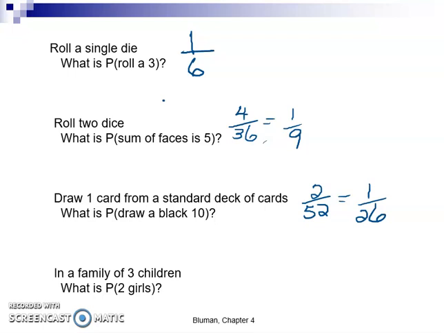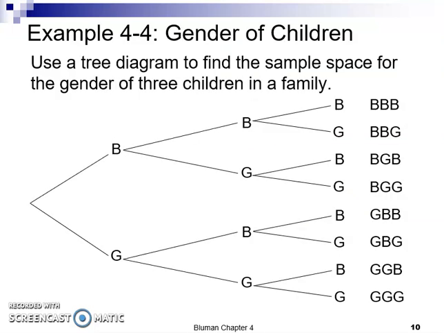And in a family of 3 children, what's the probability of 2 girls? So going back to that little tree diagram we had a moment ago, I could get 2 girls here. Let's see, 2 girls here, 2 girls here. Now that has 3 girls.